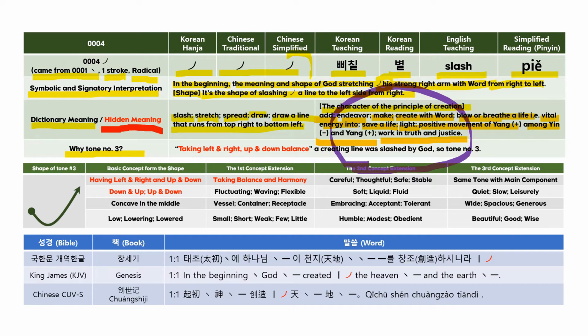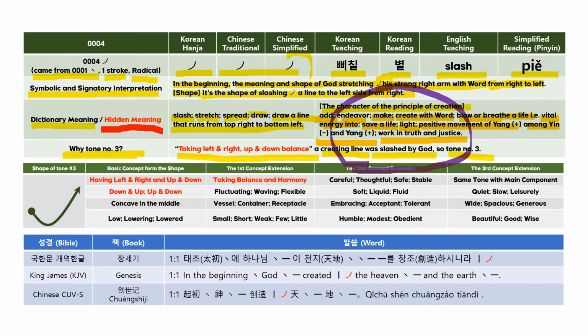Okay, so the next issue for Chinese learners, why this character has tone number 3 value. Taking left and right, up and down balance, a creating line in the beginning was slashed by God.